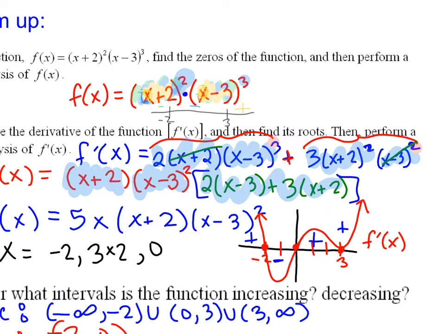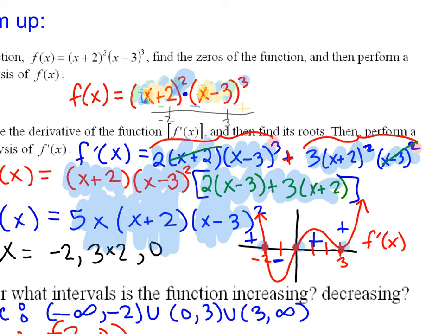And then, when all is good and done, the inside here should end up giving you 5x, which is what we got right here. And then the x plus 2 and the x minus 3 squared. So the zeros would be -2, 0, and +3. +3 from right here, -2 from right here, and 0 from right here.